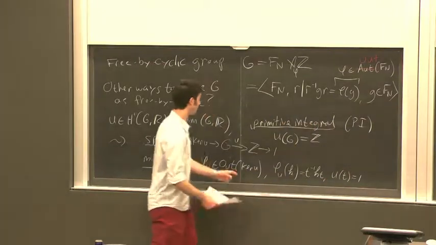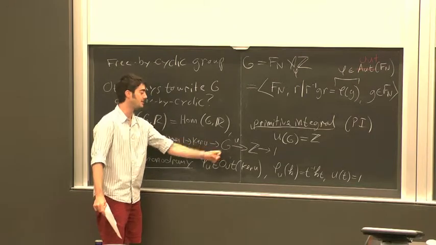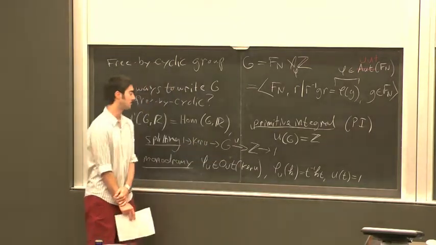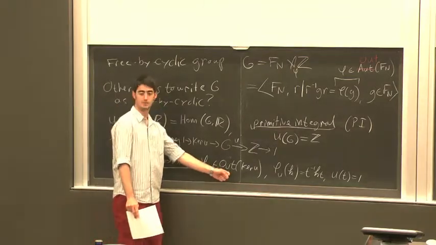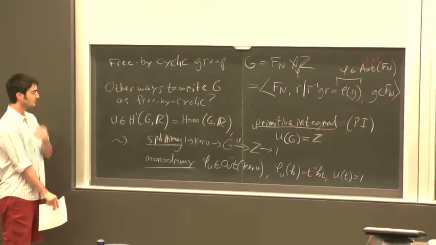So how do I define this automorphism? I just take the generator here, I choose any lift, and then conjugation by that defines an automorphism of the kernel. That's only well-defined up to inner automorphisms, which is why I get something in Out instead of Aut.